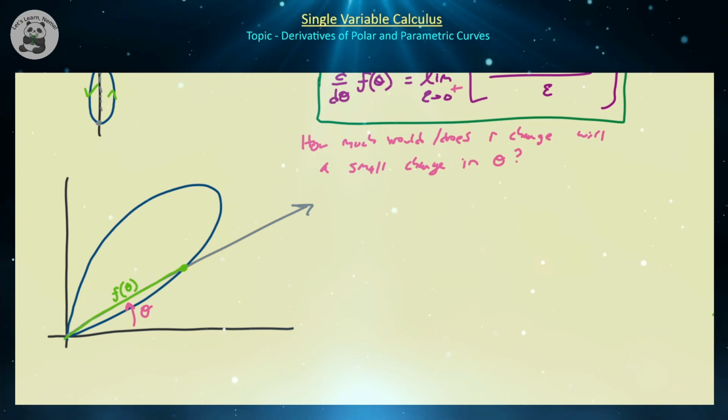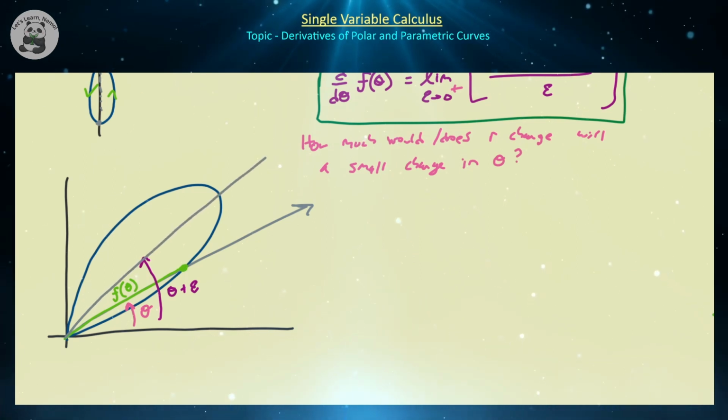So let's assume we go a little bit more into the future of theta, in particular theta plus epsilon. So if we slightly increase our theta, for example, let's assume that this is theta plus epsilon, and let's sort of draw the tangent line through that point. So that's going to give us that.